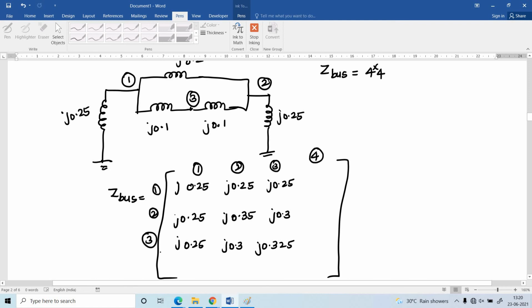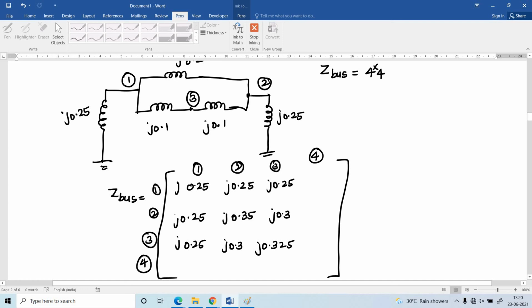And I am going to find out what is the fourth element. So how to find out the fourth element? Here this is the type 3 modification.